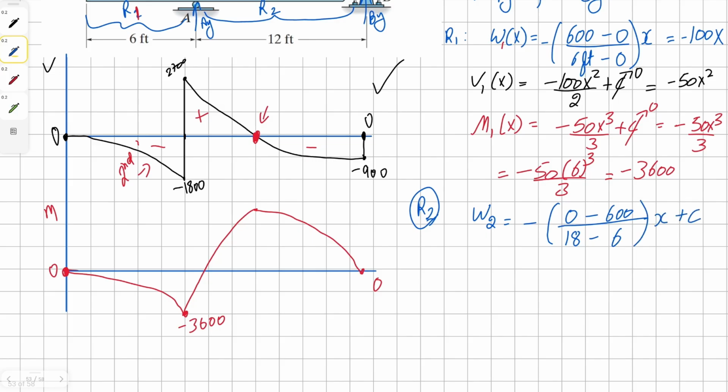Alright, so now that we have this equation here, we have to find our constant.